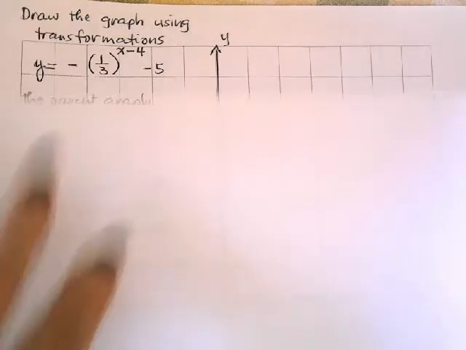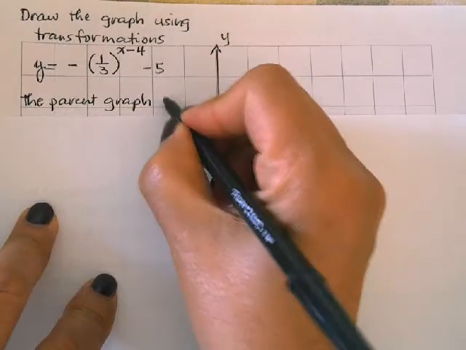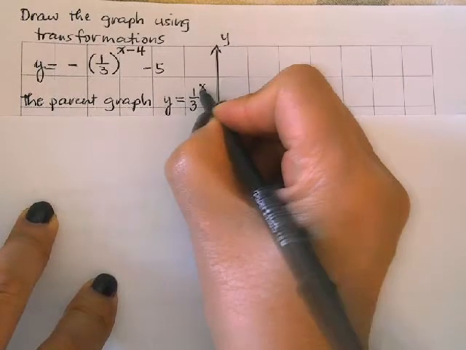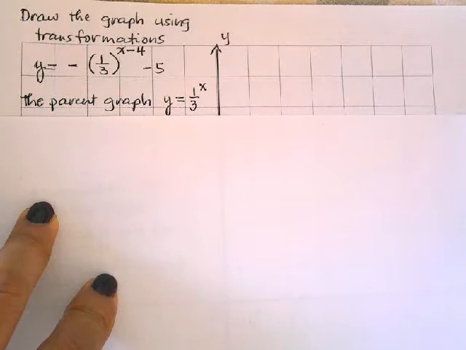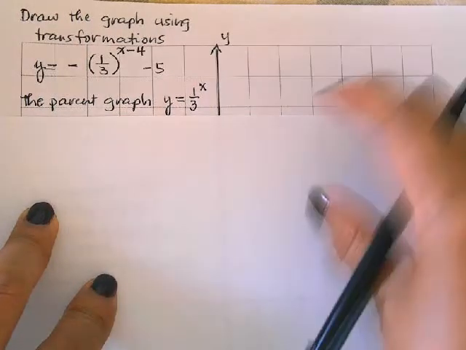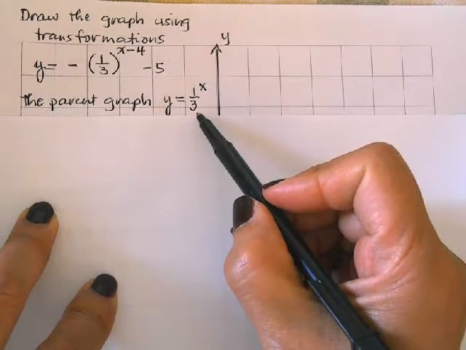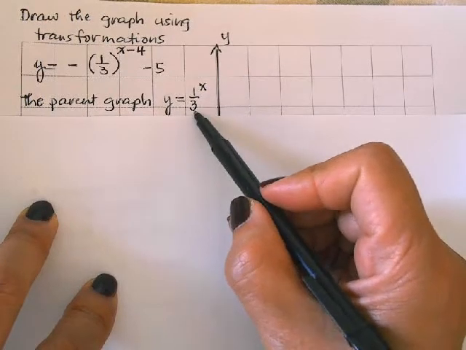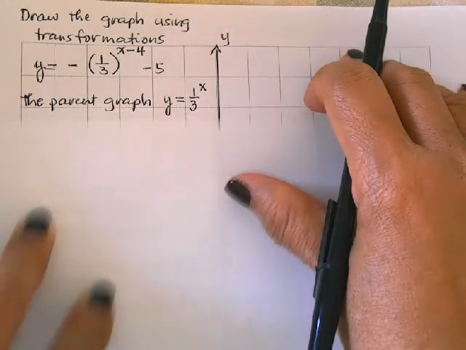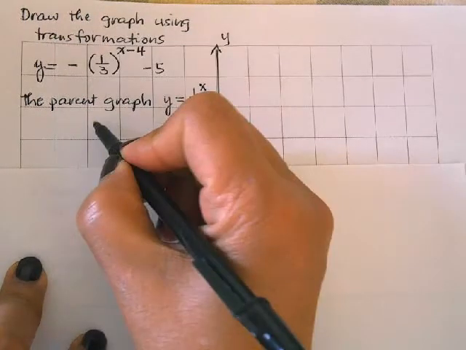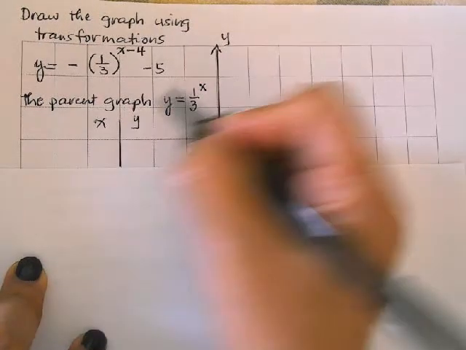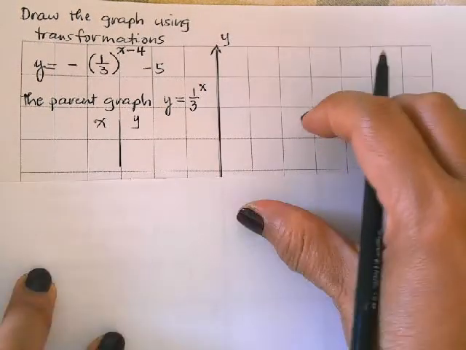So you know that the parent graph will be y equals 1/3 to the x, just the number raised to x. And then let's draw that parent graph. I hope you know the points: when x is 1, it's 1/3; when x is 0... You can also make a table if you like, but there is so much pattern there that you don't really need to.